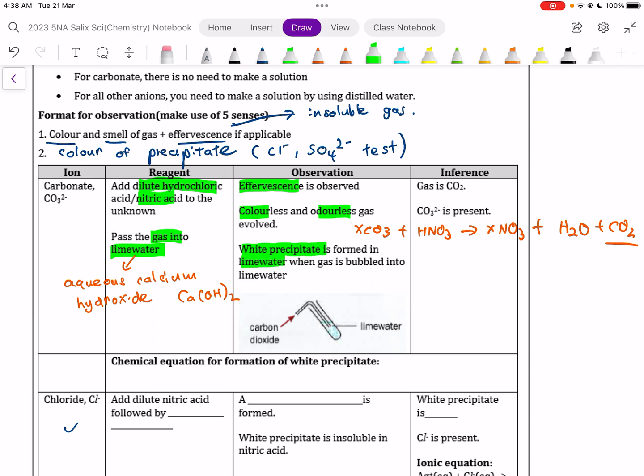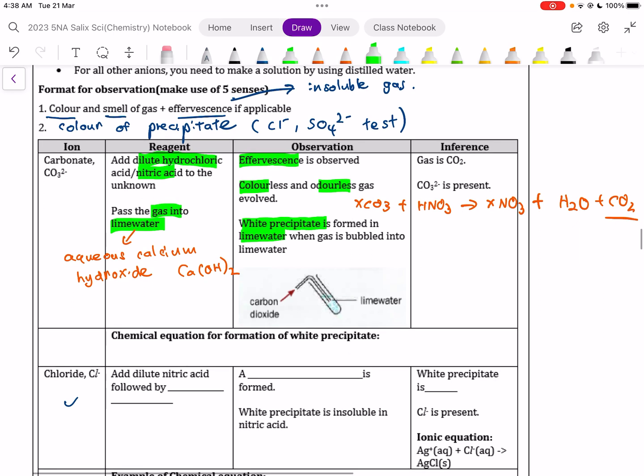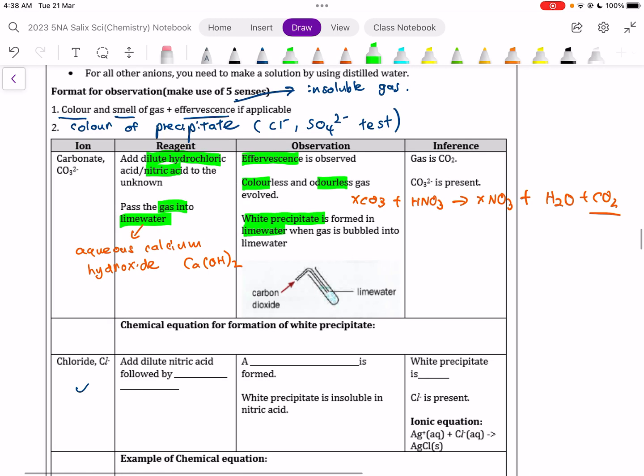So what actually is this white precipitate? You have been saying it for the past 2 years or maybe even 3 years. It is actually formed because lime water, as I told you earlier, is calcium hydroxide. Calcium hydroxide, aqueous, will react with your carbon dioxide gas.